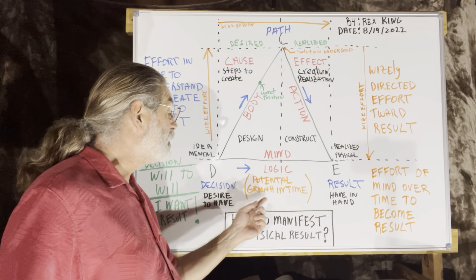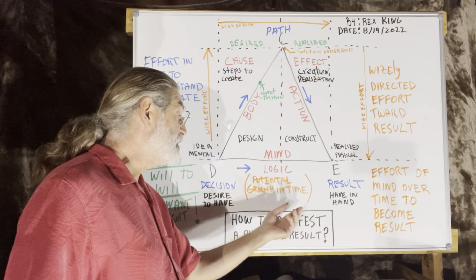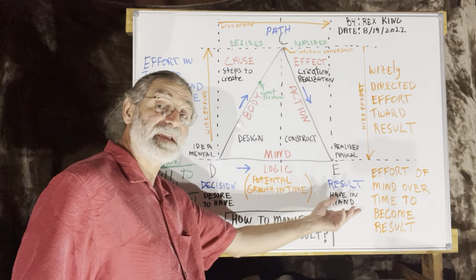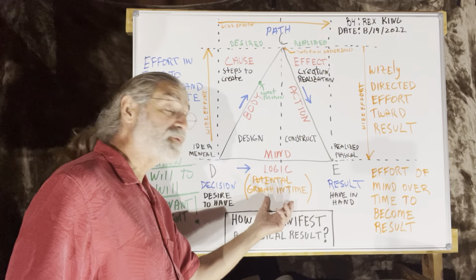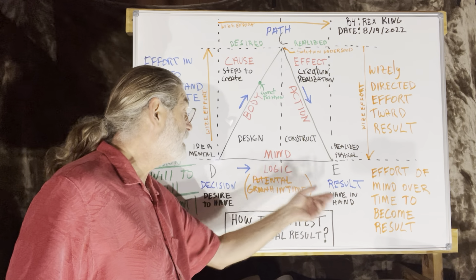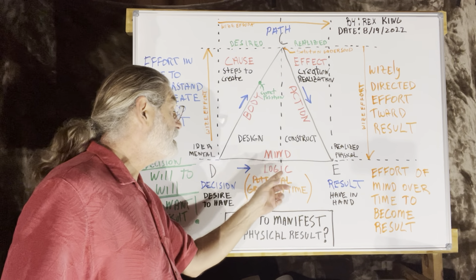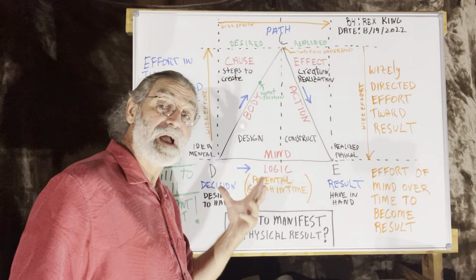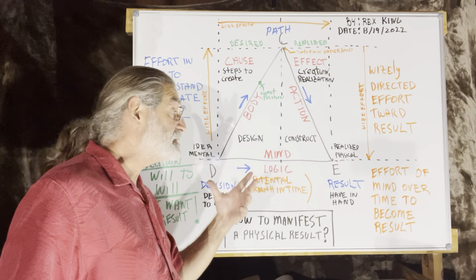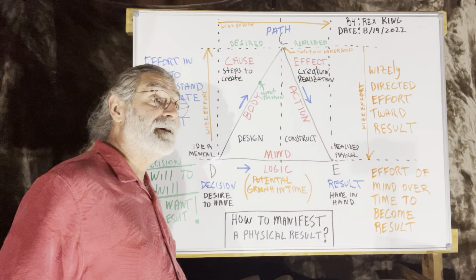The potential growth in time. With potential growth in time, we want to be able to obtain this result. So the question is, what growth do we have to do in time to obtain this result? Well, this horizontal line right here is mind, logic. So we have to come to an understanding. Let's use the illustration of going to school to become an engineer.